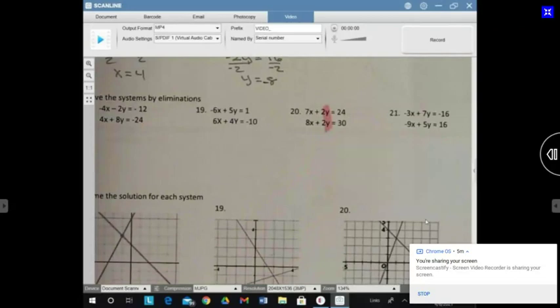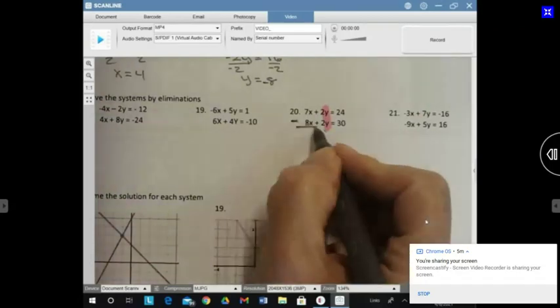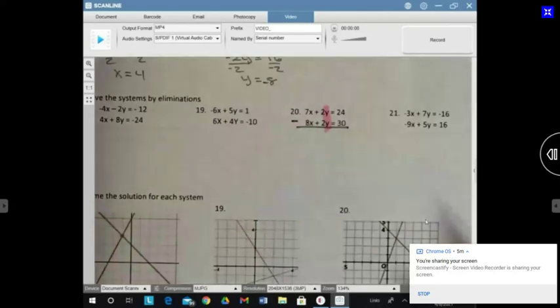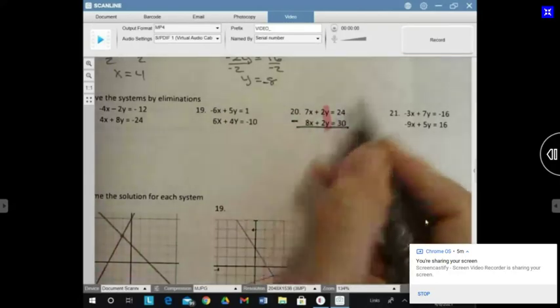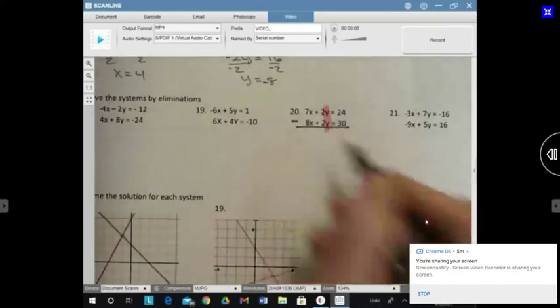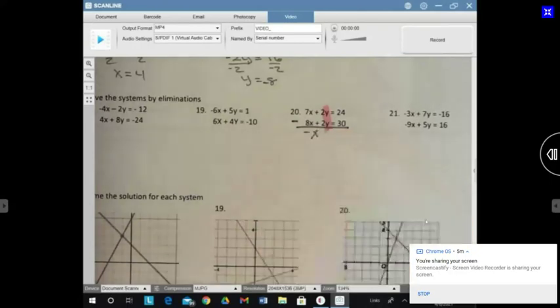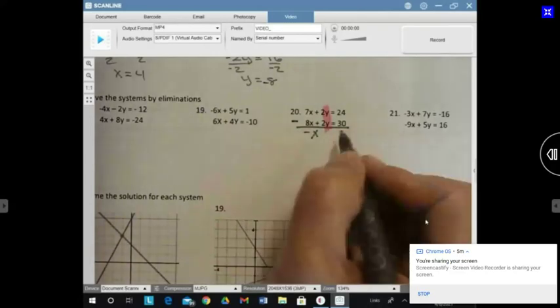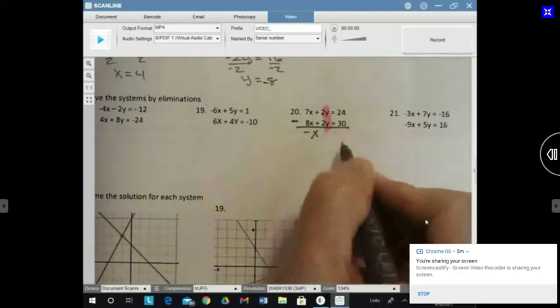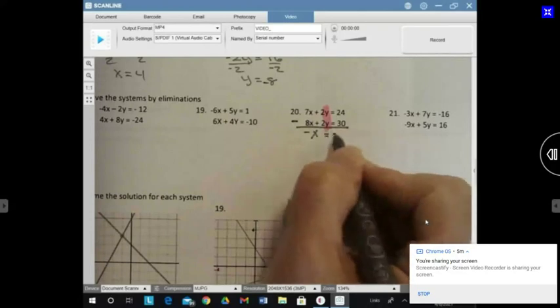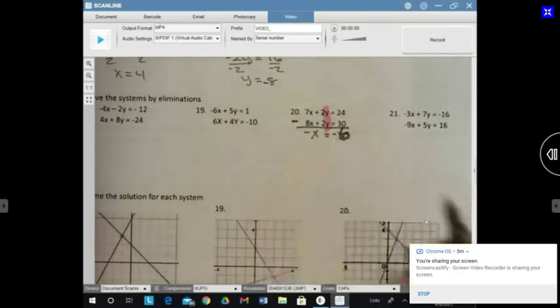Since they have the same sign, I'm going to subtract. All right, 2y minus 2y is gone. 7 minus 8 is negative x. Oh my goodness. Didn't we do this one yesterday? 24 minus 30 is a negative 6. So x is equal to 6.